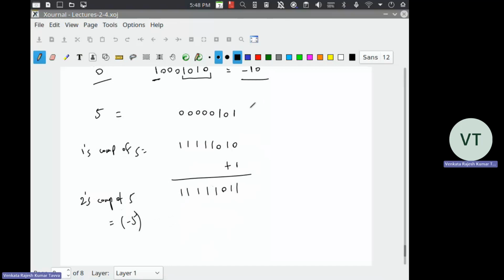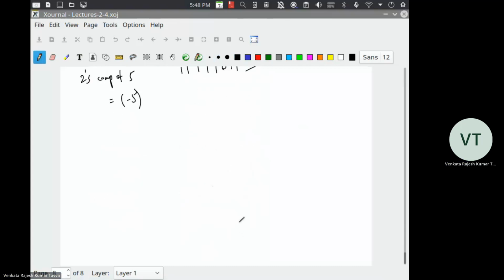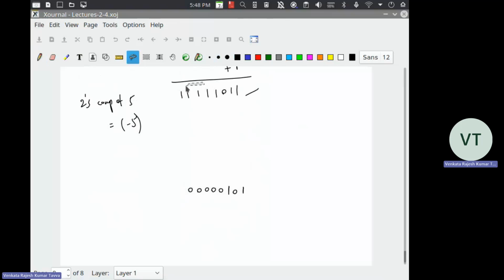Now let's add this 5 and this minus 5. Let me copy this, and let me copy this.